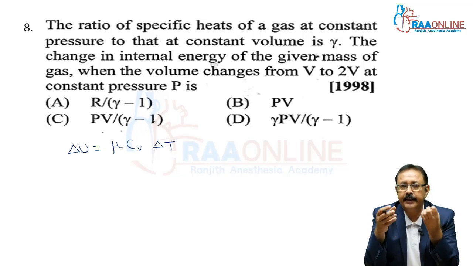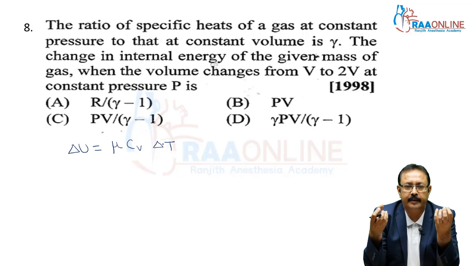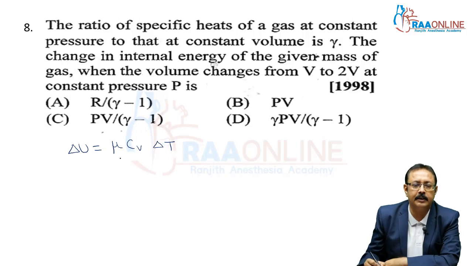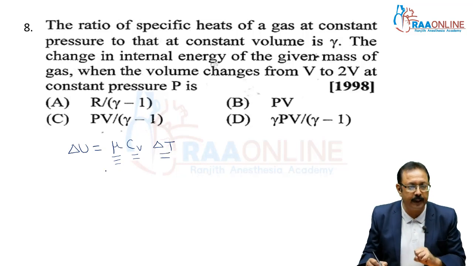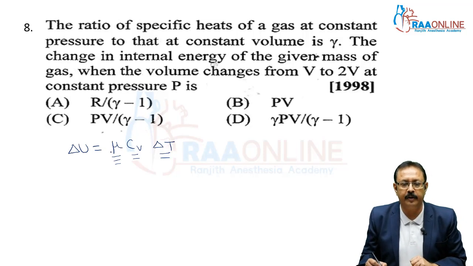And you know heat absorbed or heat liberated, in calorimetry we studied, what is it? m s theta. For gas, mass means number of moles, specific heat C, theta means change in temperature. So heat absorbed you can calculate by mu into C into delta T.